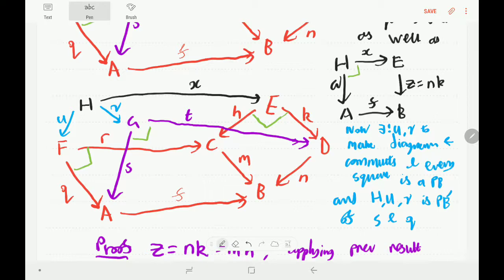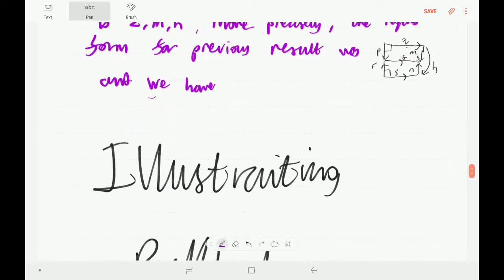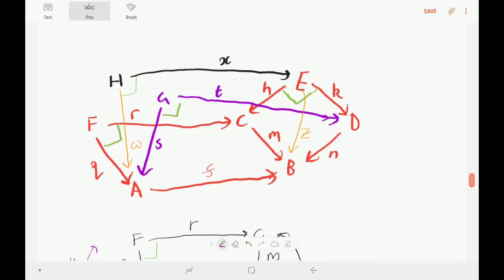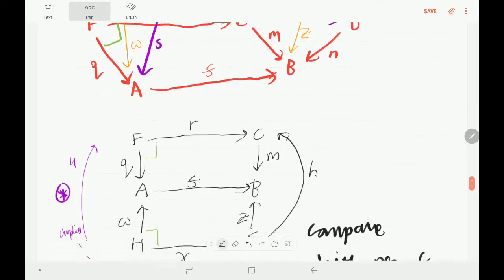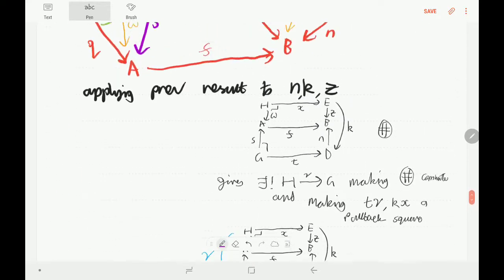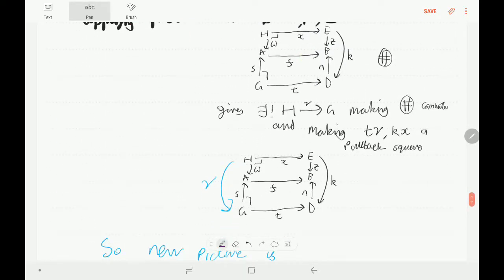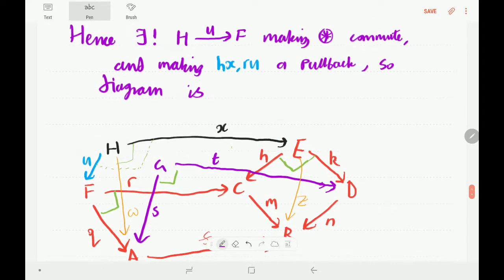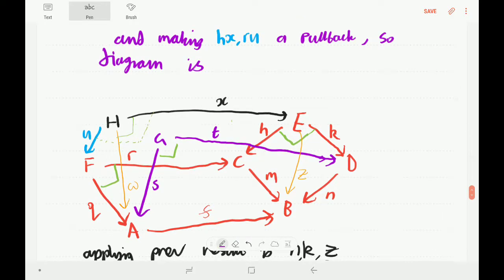Okay, so how are we going to show it? Well, we start off with this, and what we're looking for is this kind of motif, so that we can do this trick and make more pullbacks.